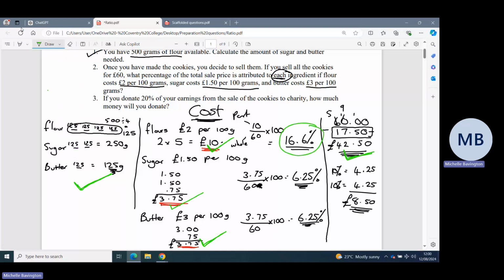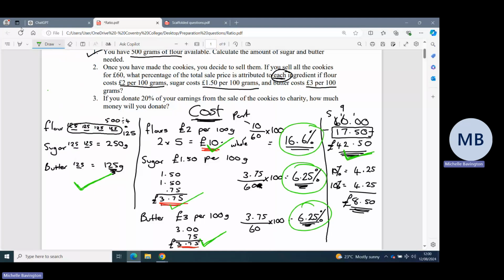So you might not get this bit or this bit or this bit, right? But carry on. Show what you know. Attempt the rest.